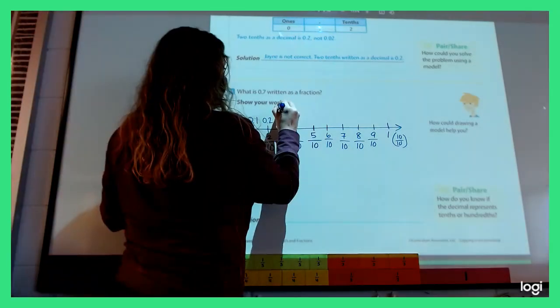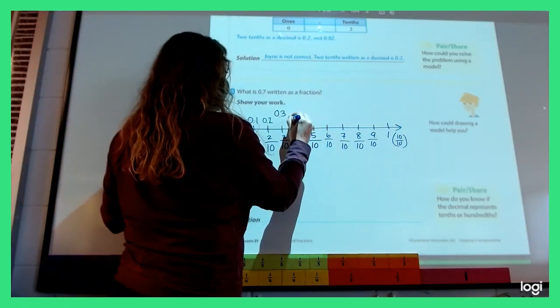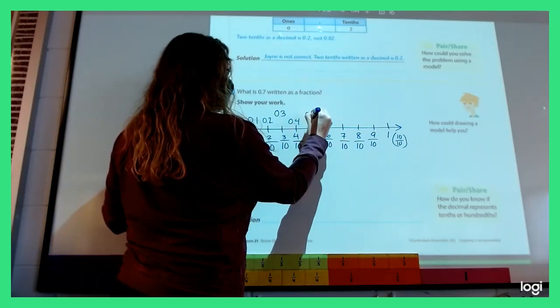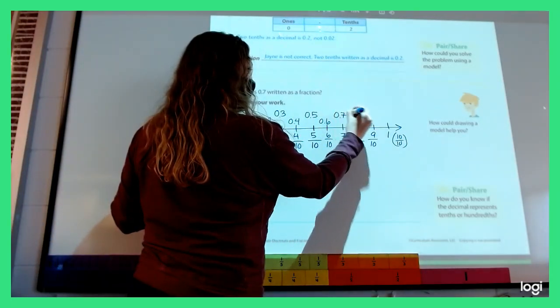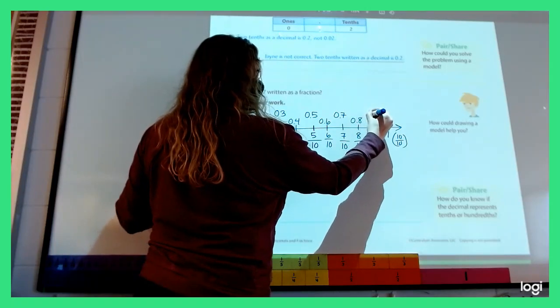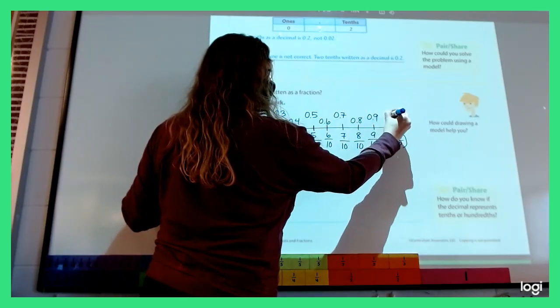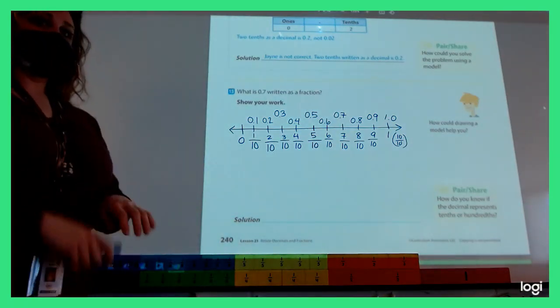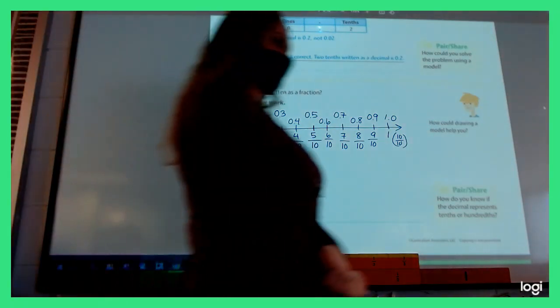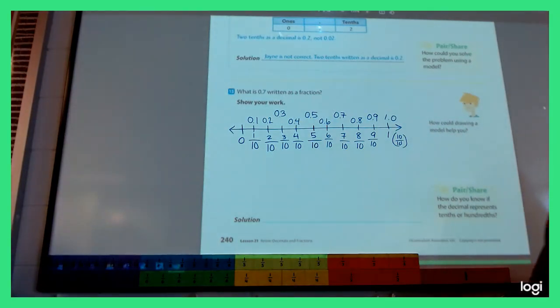You can write one of them up higher like this, and then one of them lower like this, and then one of them up a little higher, and one of them down a little lower. That helps me fit them all in there a little better. I will give everyone about 30 more seconds, make sure that is finished. And then before I show you, try to show on your own number line where 7/10 would be.